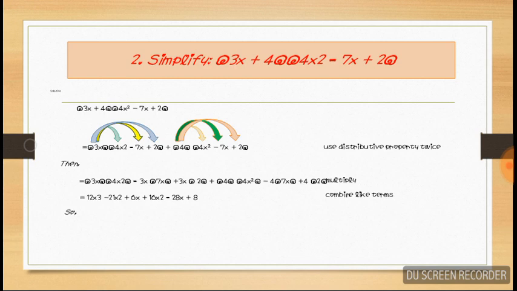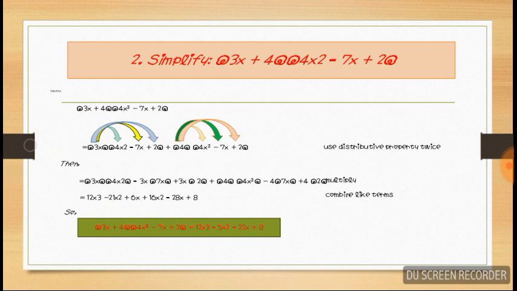So this will become: the quantity 3x plus 4 times the quantity 4x squared minus 7x plus 2 is equal to 12x cubed minus 5x squared minus 22x plus 8. So that would be our final answer. This is very simple.